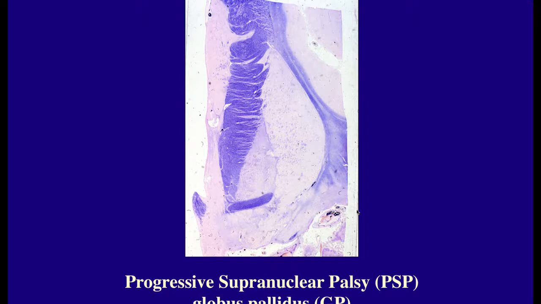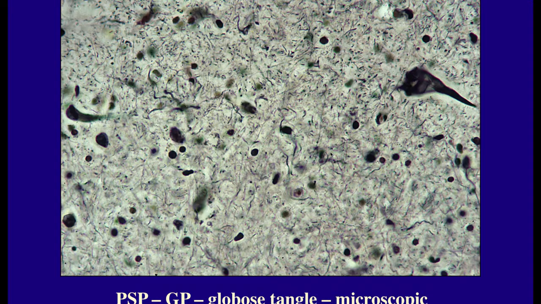So the sites of selective vulnerability in PSP are the globus pallidus. So just to orient you, here's the head of the caudate nucleus, internal capsule, putamen and globus pallidus. So this is the region that would be atrophic, gliotic, and have occasional neurofibrillary tangles. So here's an abnormal neuron with a neurofibrillary tangle seen on silver stain.